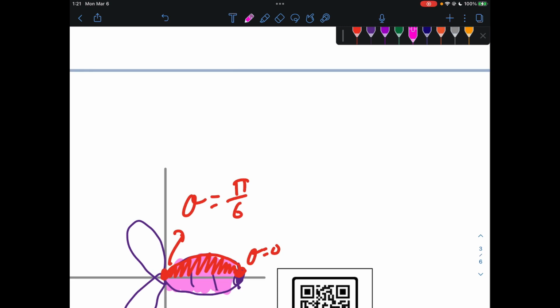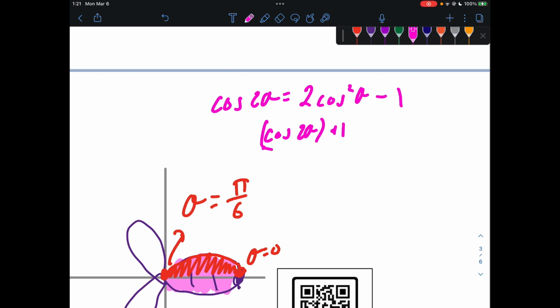One of our double angle formulas says cosine 2 theta equals, now there are three formulas for cosine 2 theta, the one we're going to need here is 2 cosine squared theta minus 1. And if I do some manipulation, if I add 1 and divide by 2, I get cosine 2 theta plus 1 over 2 equals cosine squared of theta.